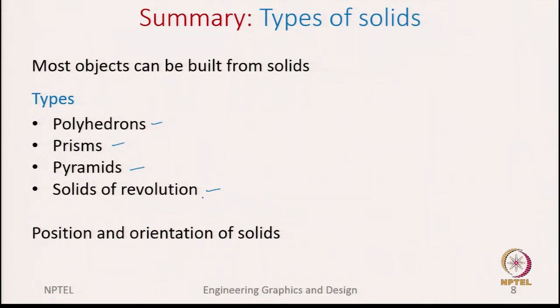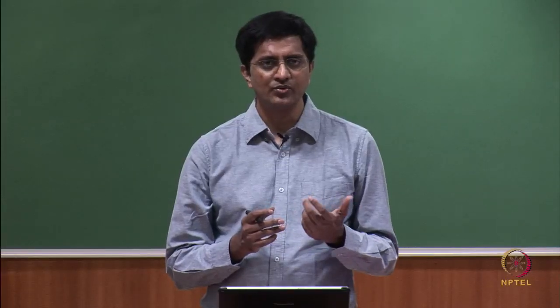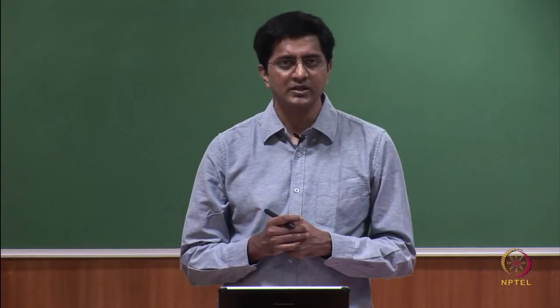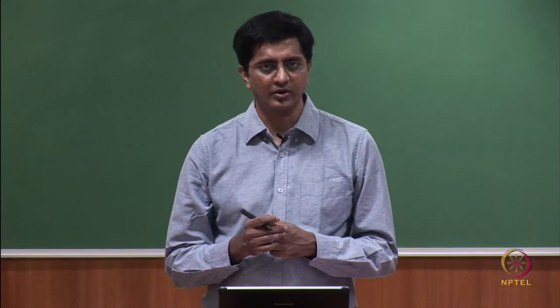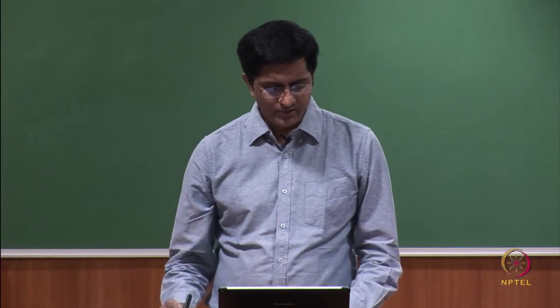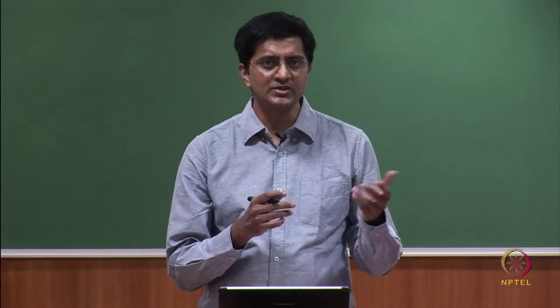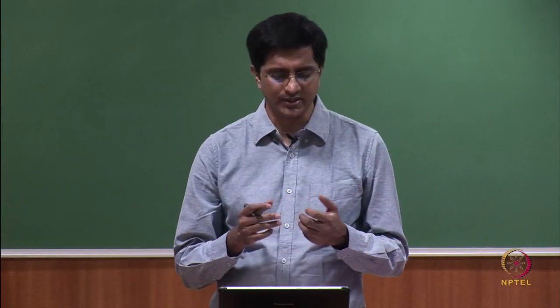We have also introduced various terminology related to this, like the base, face, edges, sides, axis, apex and axis of revolution. Finally, we said we can use all this information to specify the position and orientation of a solid in space by using the horizontal and vertical planes, as well as the features of the solid like the base, face, axis, edge or side.